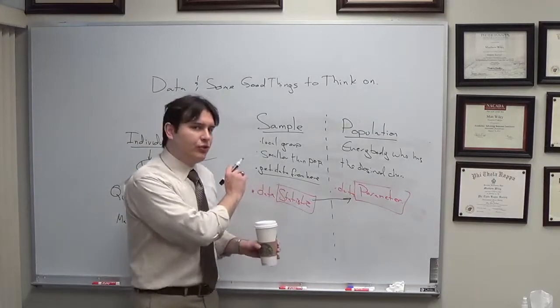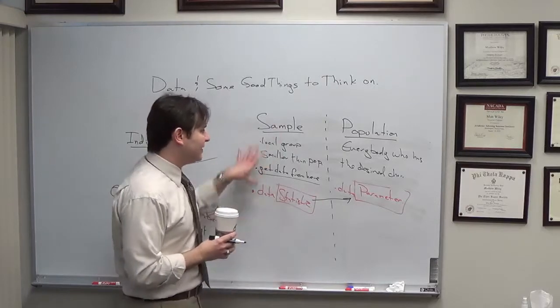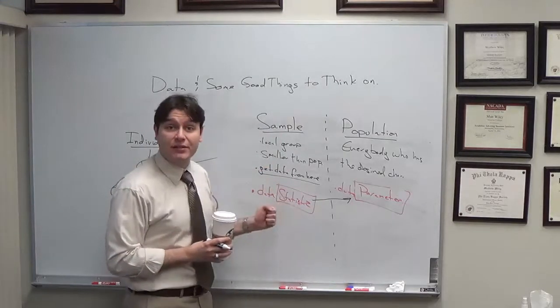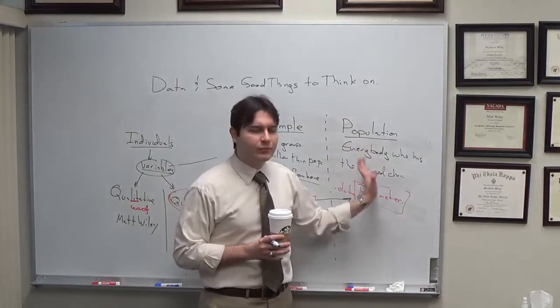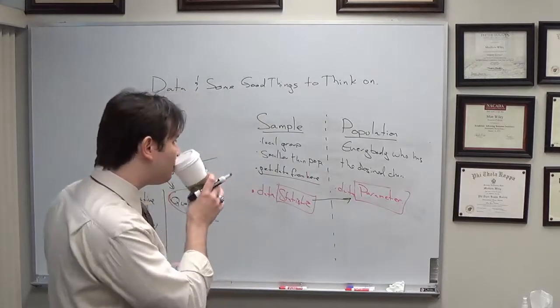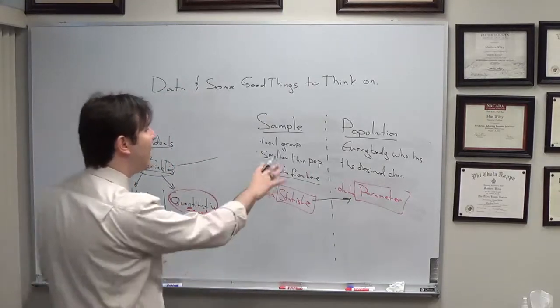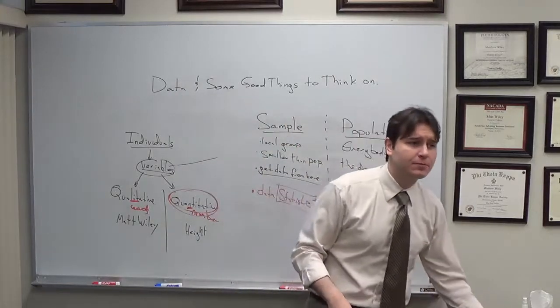They talk to like 2,500 people and they say, who are you going to vote for? That's sample data, it's statistics, and then they try to use that to say, how are all 300 million Americans going to vote? What's going to be the population decision? And that's what picks whoever goes off to the White House.